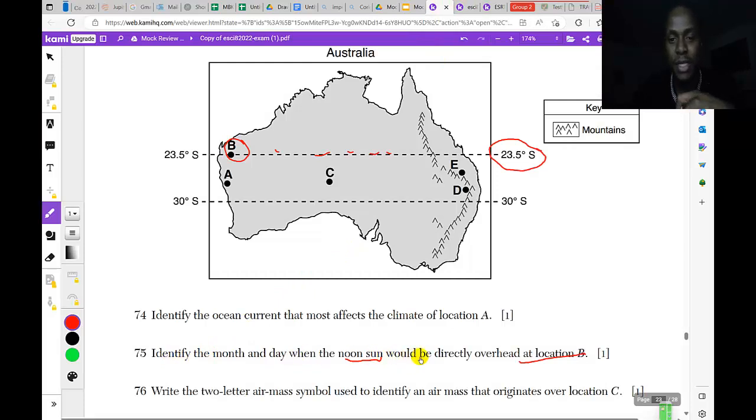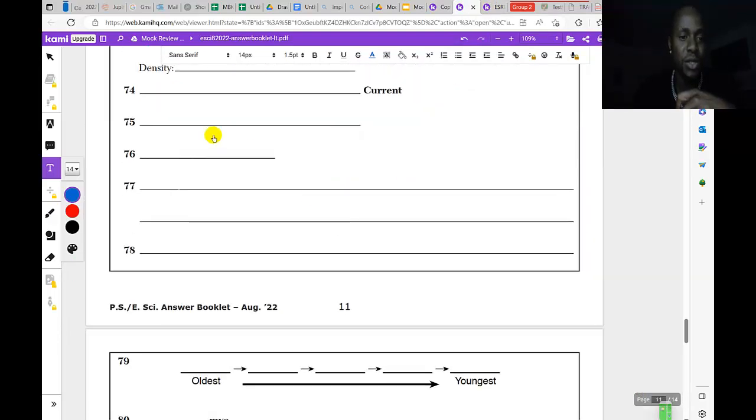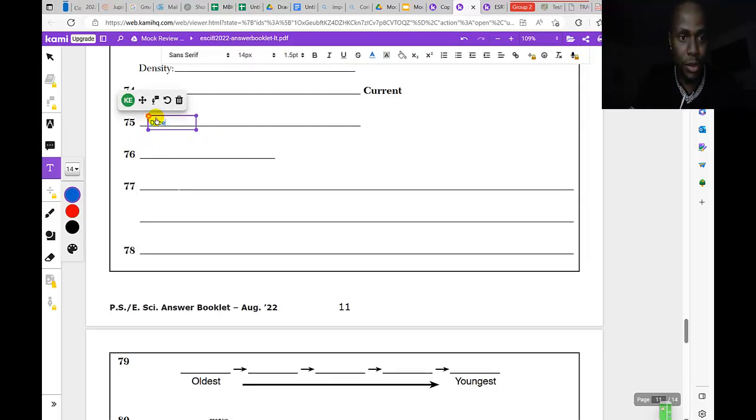That would be our best answer for it. So going back to our packet, we're going all the way down to question 75. So our answer here would be December 20th, or you can say 21st, or you can say 22nd. Any of those would work.